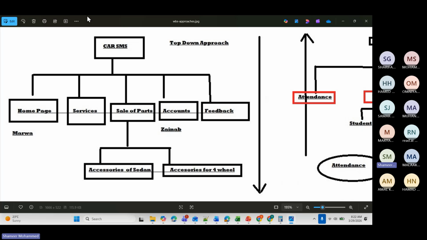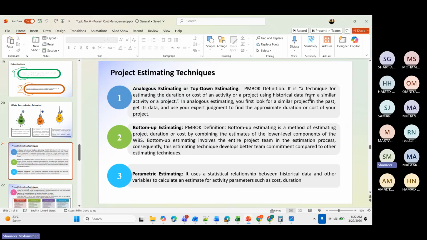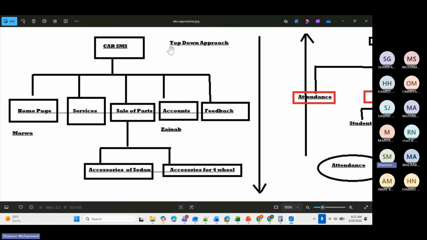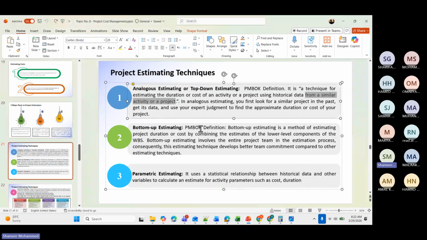So I have the idea of the total cost of the project for Zubair Automotives. I can use the same project cost here as an initial cost. Then you can tell the client, this is the estimate. So this is a similar kind of project. If you have one, you can follow this type of technique. What is that one? Top to bottom or top down approach, or the other name is analogous estimation, top down estimation.